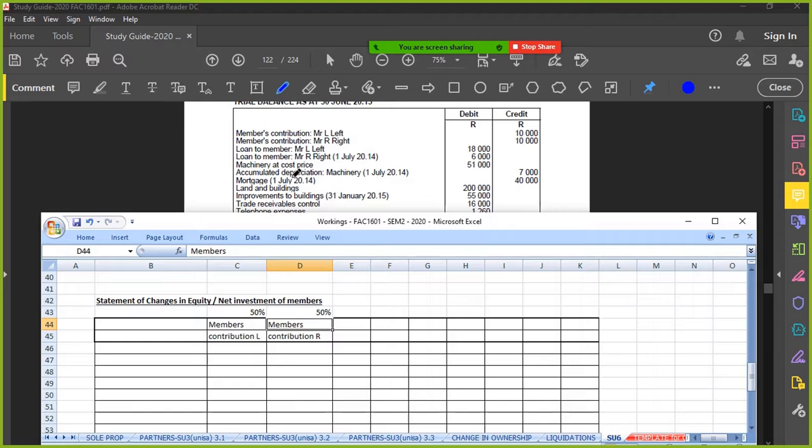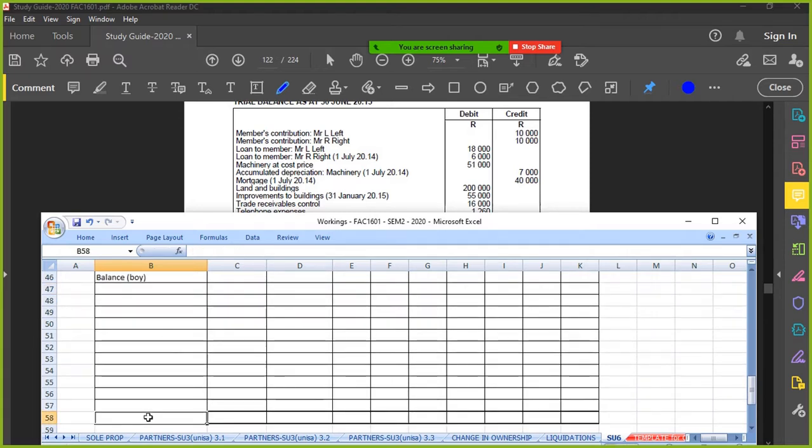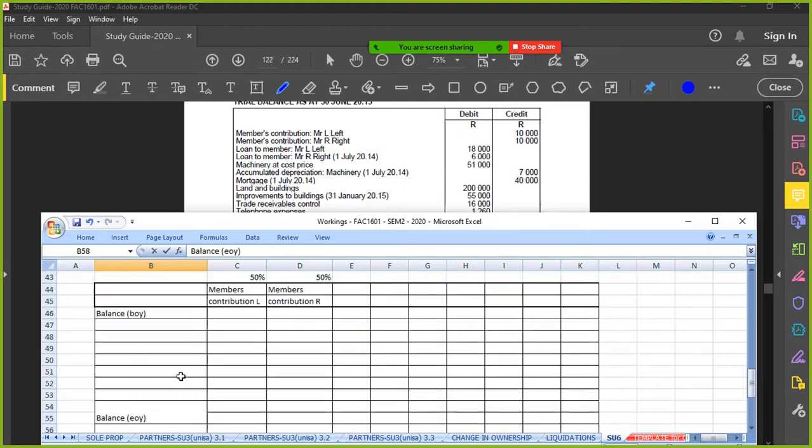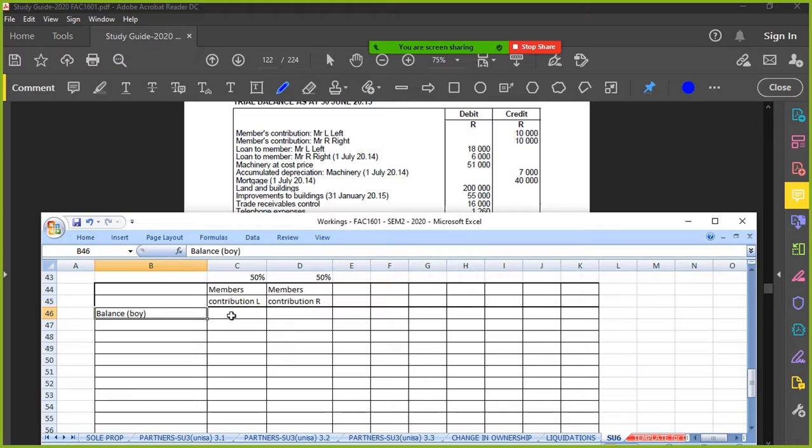Okay, so members' contribution, Left and Right. BOY, beginning of the year, EOY, end of the year. You should write in those dates. I'm just making it generic, quicker to write in.